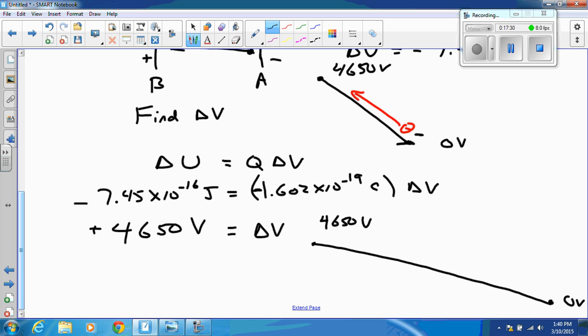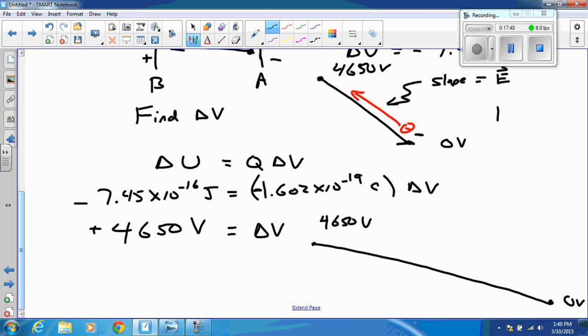Just like that. And what is that slope? That slope right here is the electric field between the two plates. The value of the slope is the electric field. How do I know?